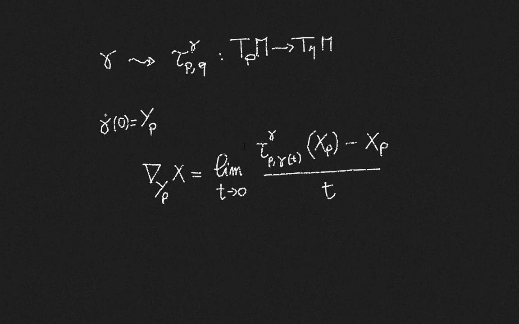So in fact, it turns out that the right concept is not the flow of y, but is this horizontal lift parallel transport, whatever you want to call it, that compares different tangent spaces. And so our covariant derivative is exactly the derivative along the curve once we transport the vector with these horizontal lifts. Now this is a relation which can be verified quite easily.